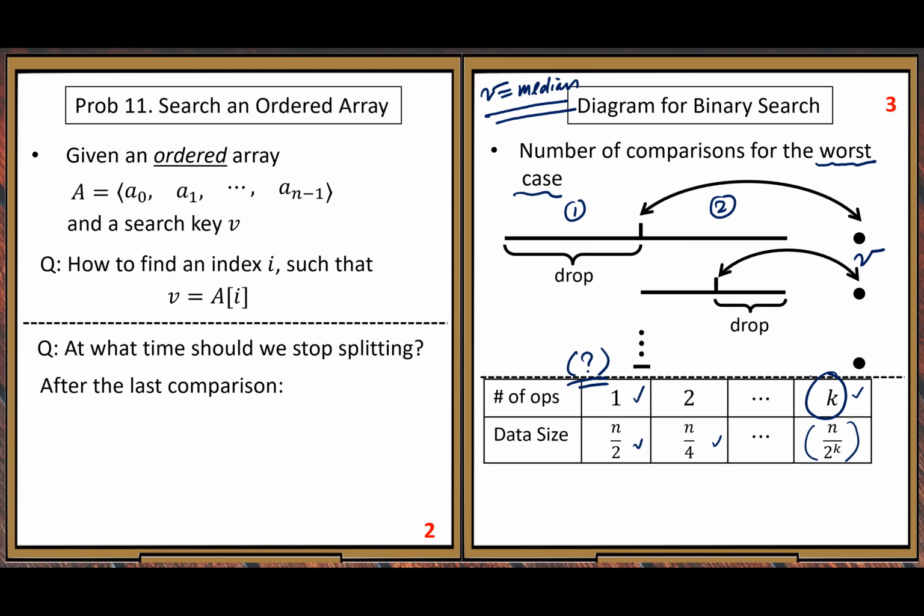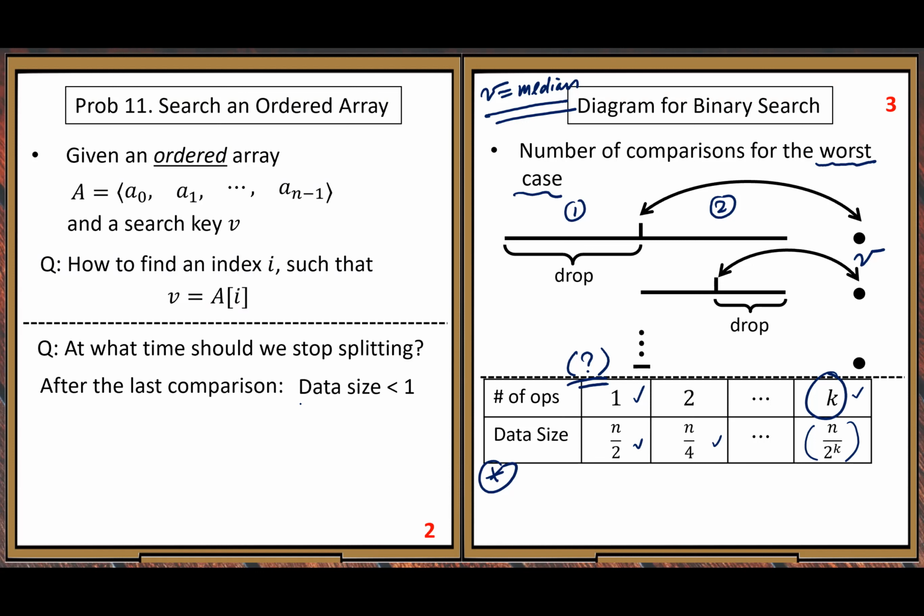So let's look at this. After the last comparison, let's look at the data size we have. Based on the chart here, we have some suitable data size we can use for our analysis.